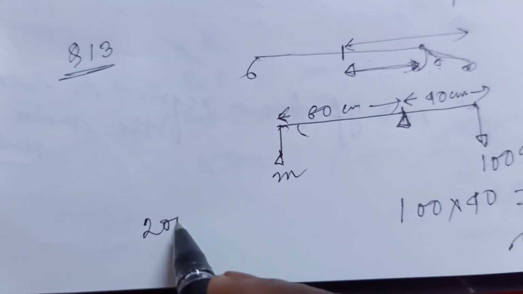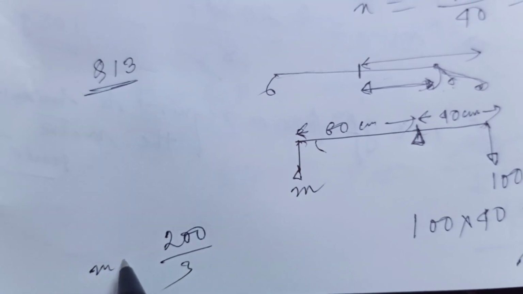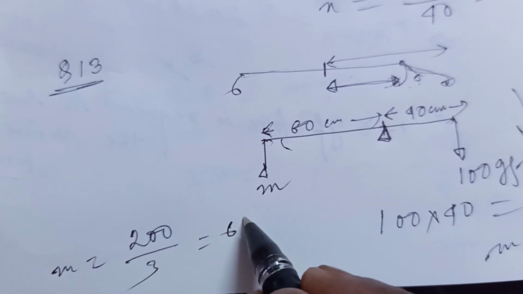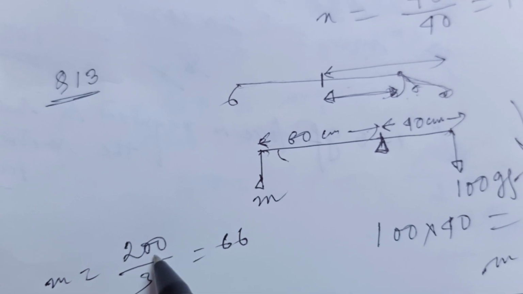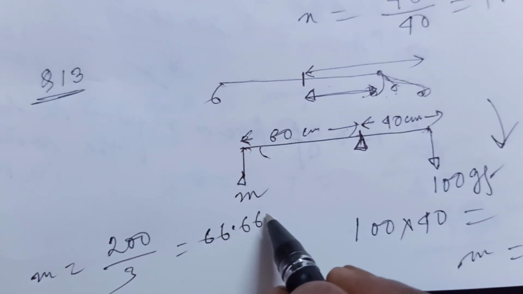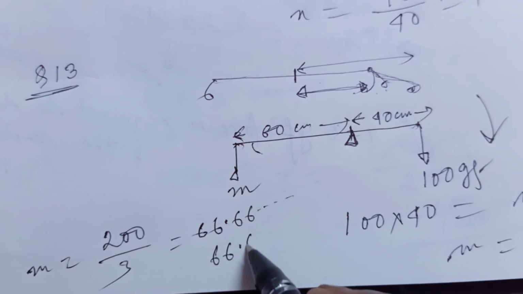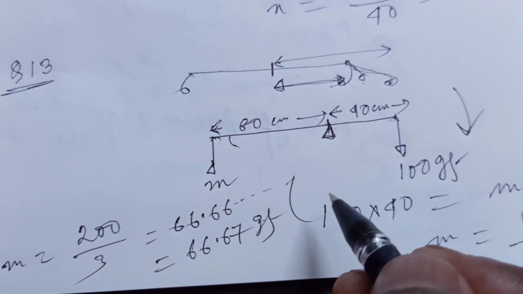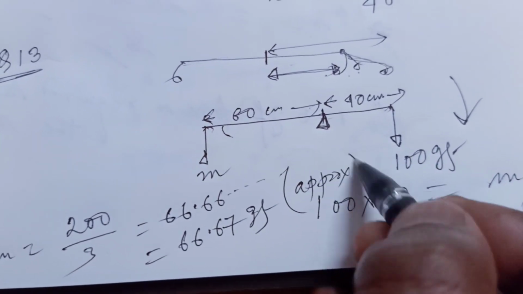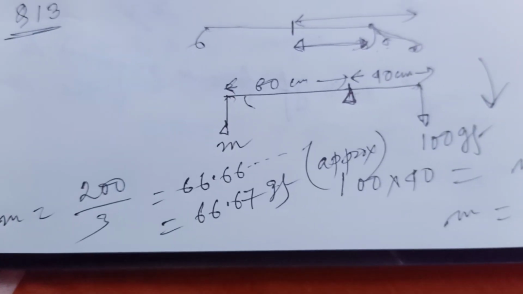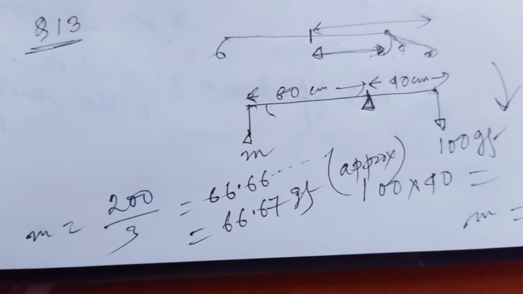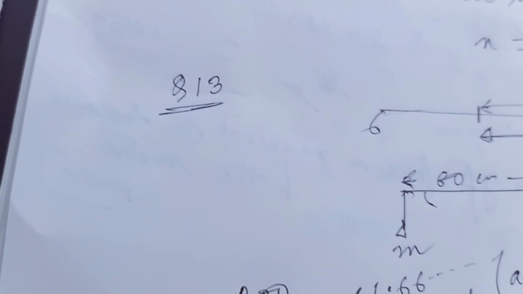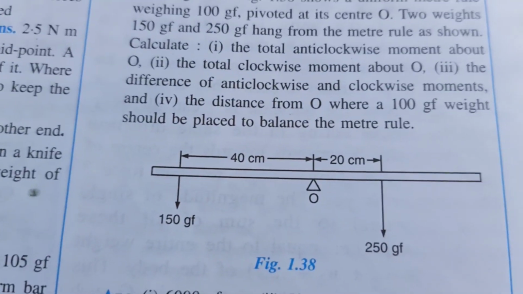So 3 sixes are 18, and 66.67 approximately gram force. So if we place this amount of weight at that particular pan, then we can balance this one.